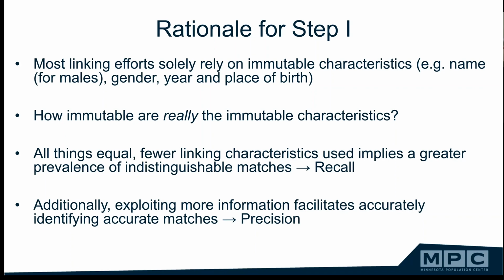The question is, though, in historical data, how immutable are the immutable characteristics really? Through this very messy process of digitization, it's questionable to what extent any characteristic can be truly immutable in historical census data.